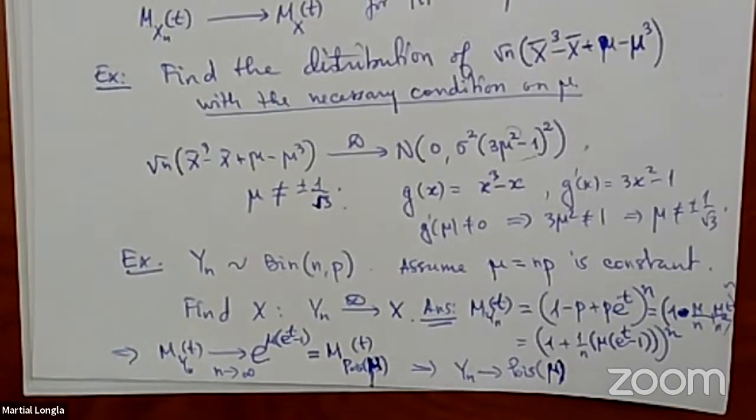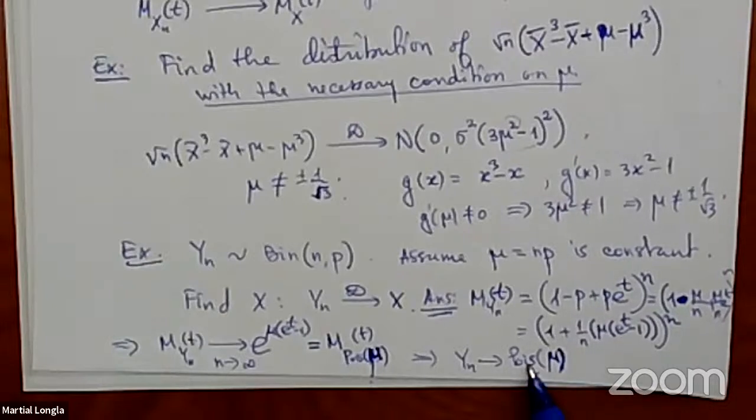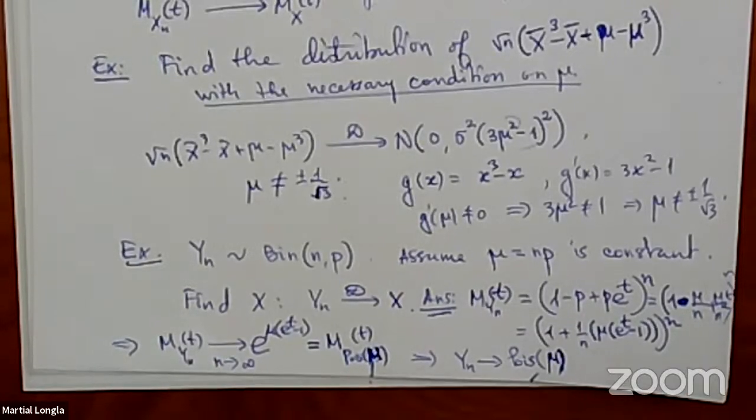So when the n parameter of the binomial grows, the distribution becomes just like a Poisson distribution. That's what it means, right? That's why in some baby courses you have the Poisson approximation of the binomial. If you take a Math 115 and Math 375, you might have seen those things. And this is the reason why. This is the proof of that coming out.